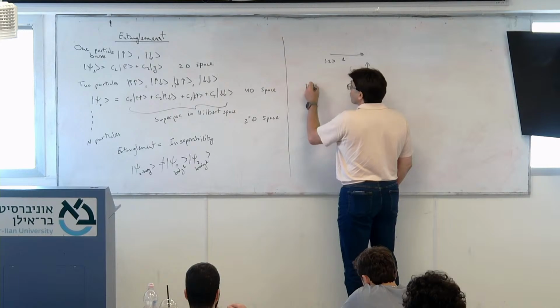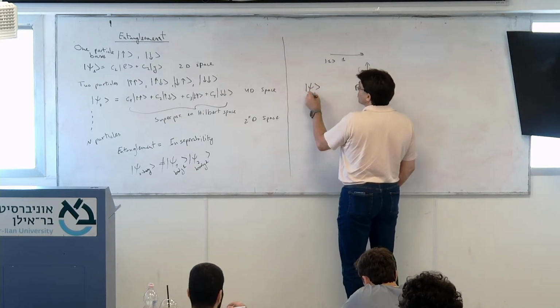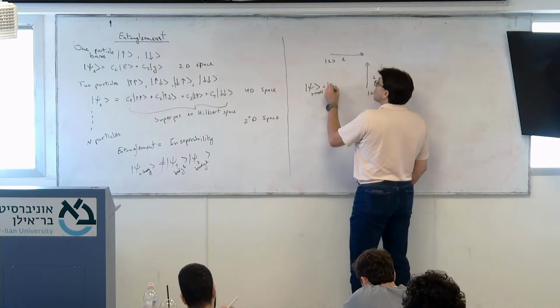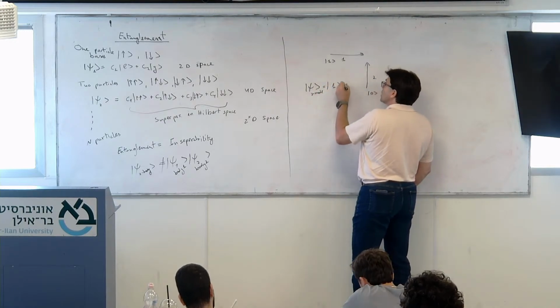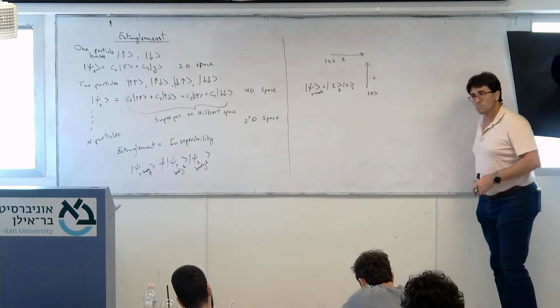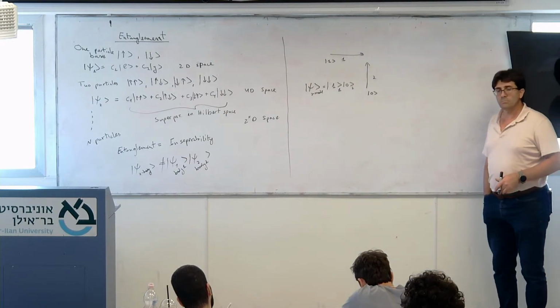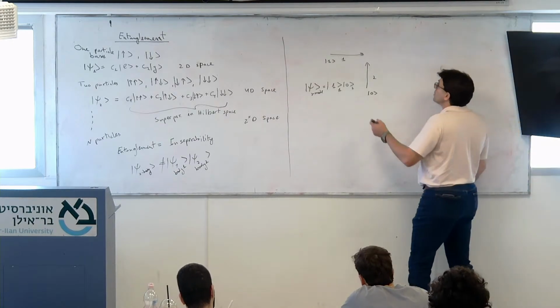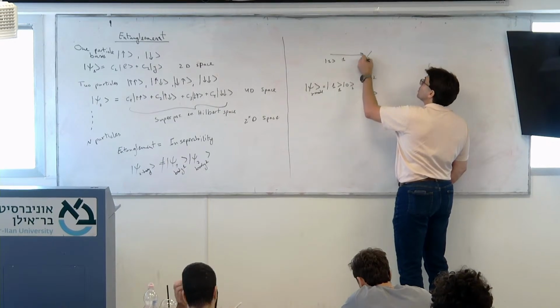The state of the two modes is one photon in mode 1 and zero photons in mode 2. That is separable. And then I'll put a beam splitter and mix them.